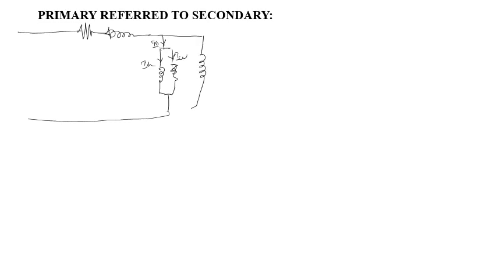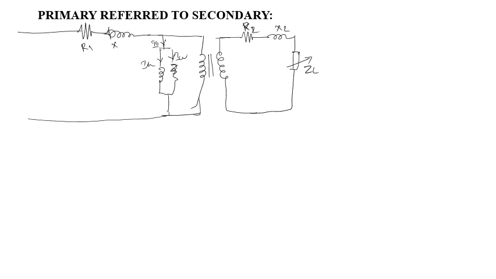This is the primary winding and the secondary winding. Secondary winding resistance R2, secondary winding reactance, and load impedance ZL. This is R2, X2, R1, X1.